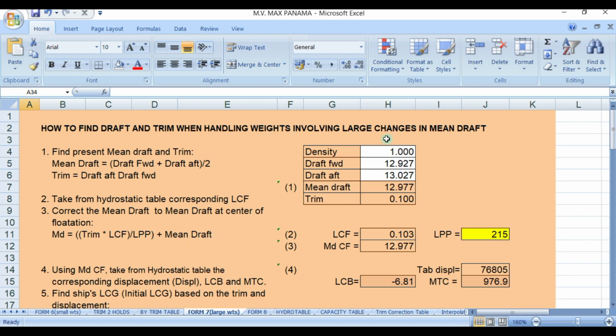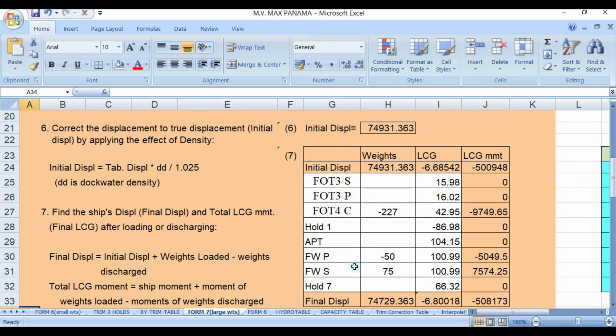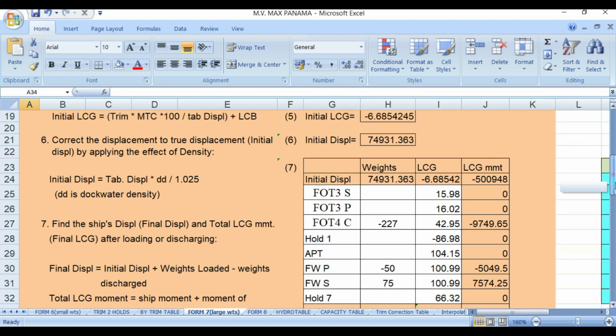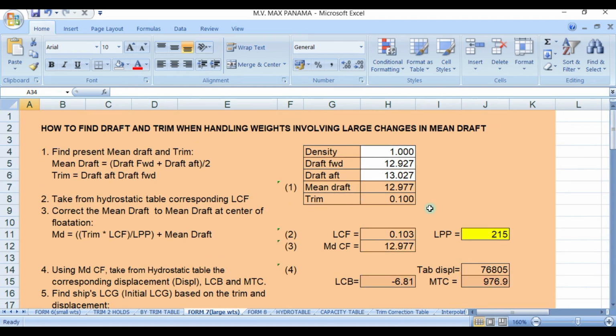As the title says here of our program, how to find drop and trim when handling weights involving large changes of mean drop, meaning adding weight or taking out weight. Let's explain this procedure.